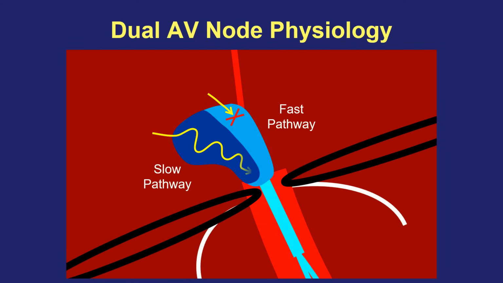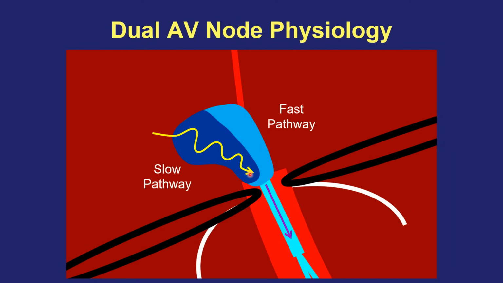As you conduct even slower down the slow pathway because you've brought in the A2 beat even earlier, there's going to come a point where it takes so long to get down the slow pathway that the refractory tissue at the top of the fast pathway has now had time to recover while this is going down its slow meandering slow pathway course.